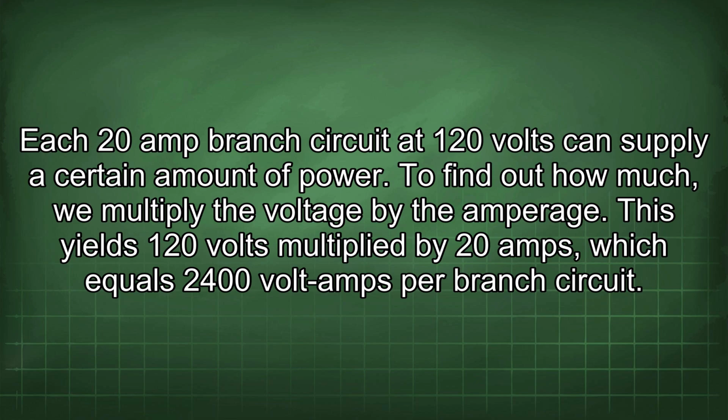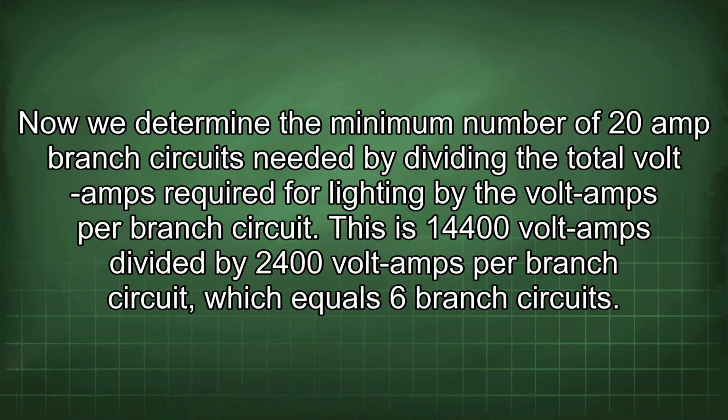This yields 120 volts multiplied by 20 amps, which equals 2400 volt-amps per branch circuit. Now we determine the minimum number of 20 amp branch circuits needed by dividing the total volt-amps required for lighting by the volt-amps per branch circuit. This is 14,400 volt-amps divided by 2400 volt-amps per branch circuit, which equals 6 branch circuits.